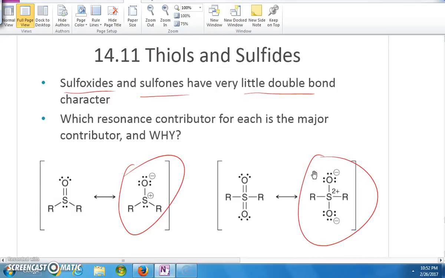Now, sulfoxides and sulfones have very, very little double bond character. That's because of an inequality of the sizes of the sulfur and the oxygen. Because the 3p orbital of the sulfur and the 2p orbital of the oxygen are not the same size, they will not overlap nicely.